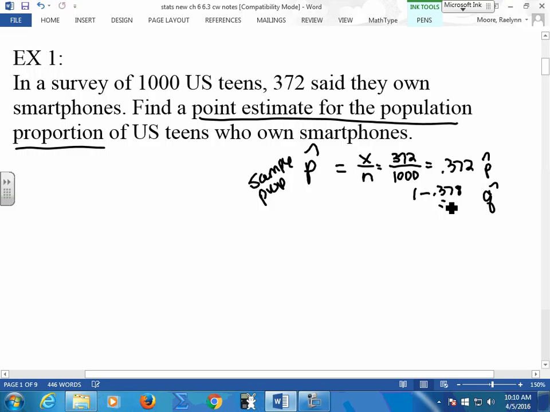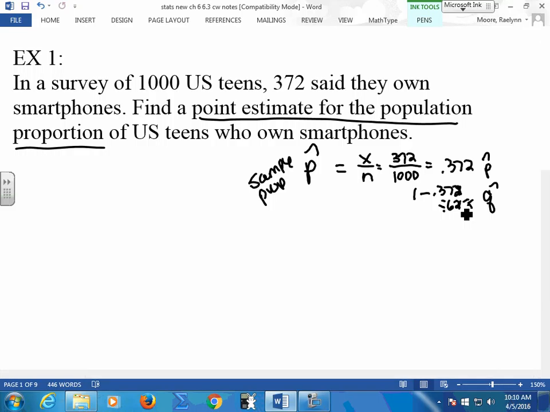This is your Q hat. So Q hat would be what? 0.628. So that's how tough this is.